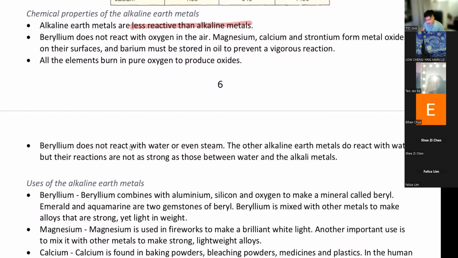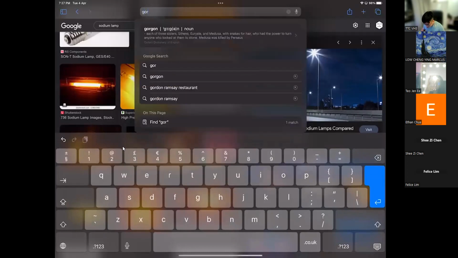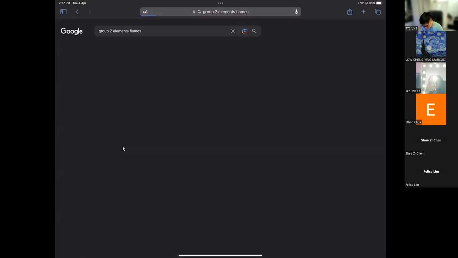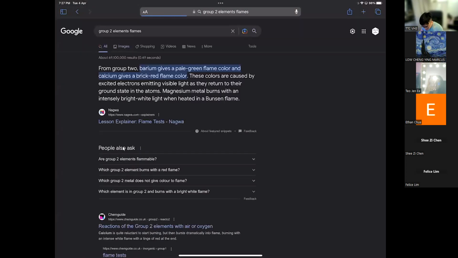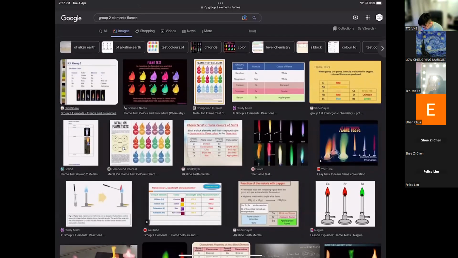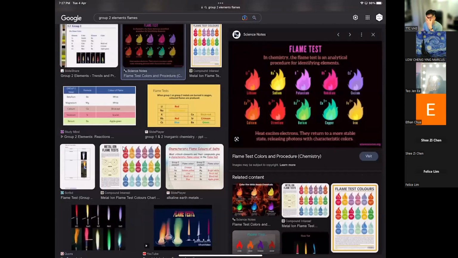And guys, funny enough, when you burn group 2, you will get a lot of color. You see? When you burn group 2, you get many colors. That's why guys, group 2, mostly we will use them in fireworks.